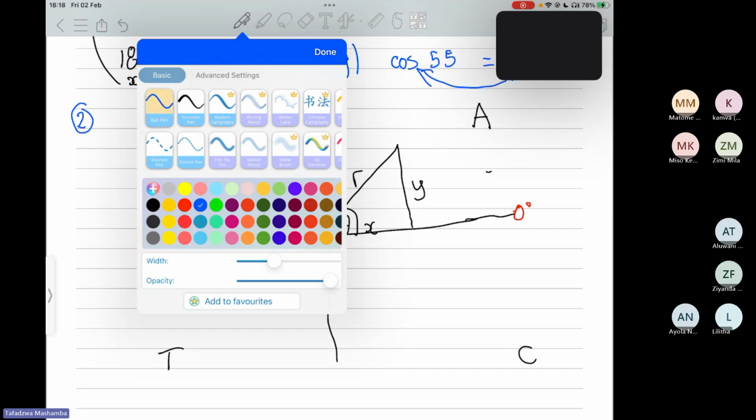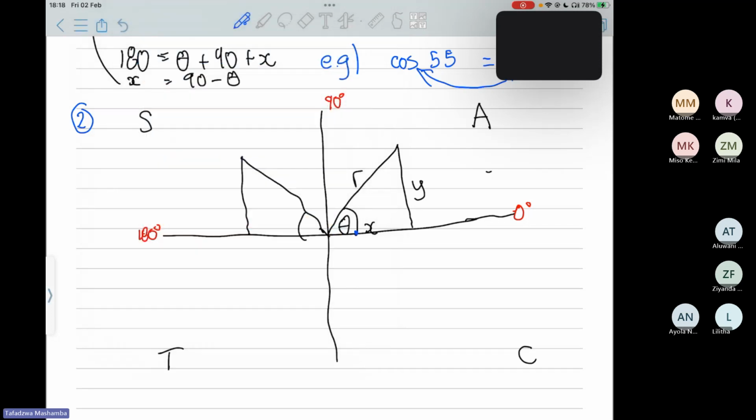Whenever we work in a Cartesian plane, we start from this position and go all the way round to here. Where this stops is the angle you're looking for. Can you see that this angle is an obtuse angle? An obtuse angle is between 90 and 180 degrees.